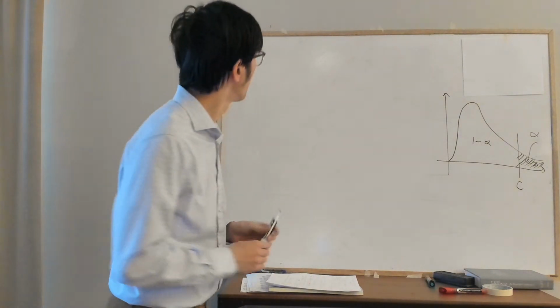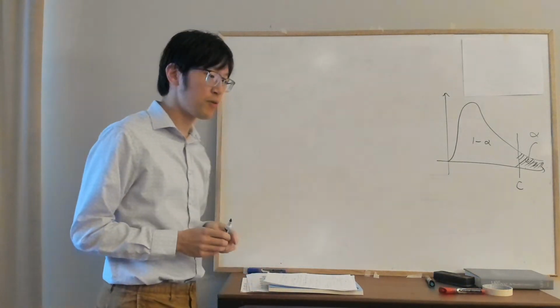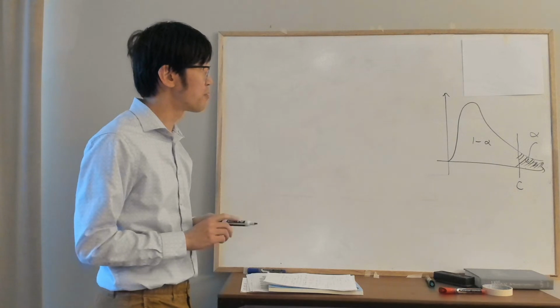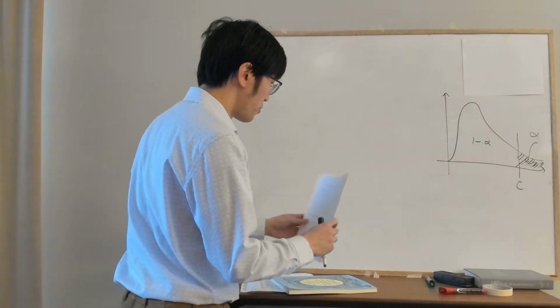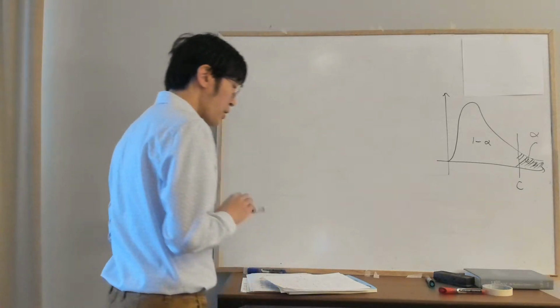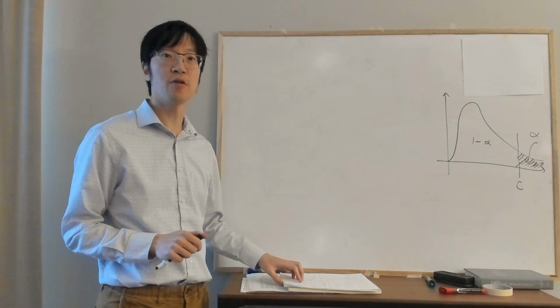Okay, so let me remind you of a few things. I still have a picture of an F distribution over here, which I'll use to remind you first of the F test for linear combinations of parameters.